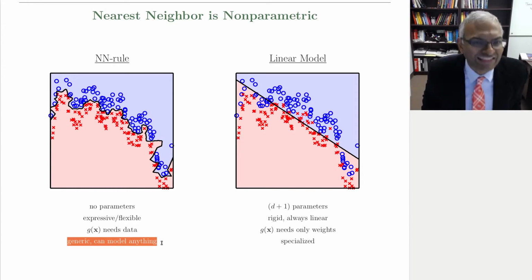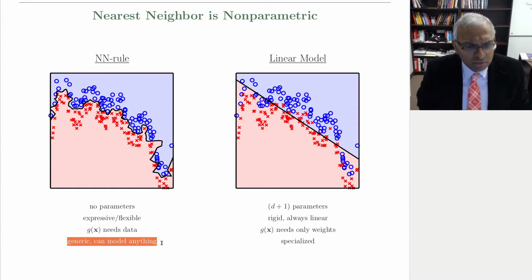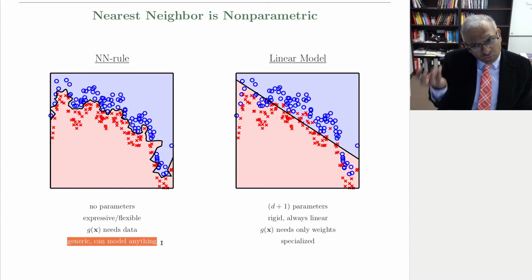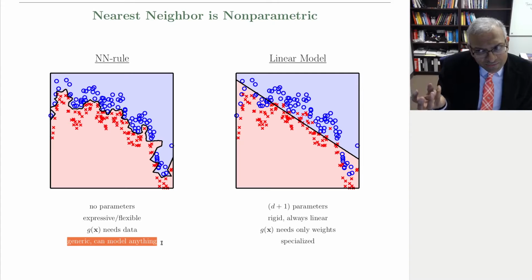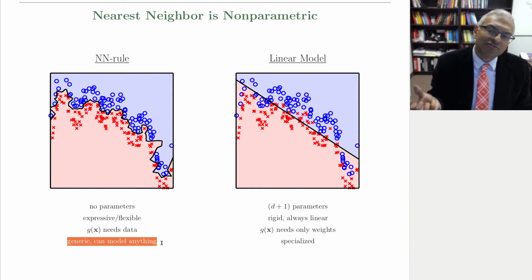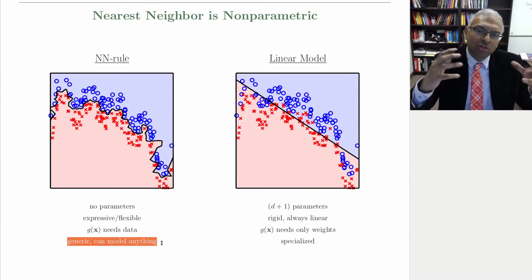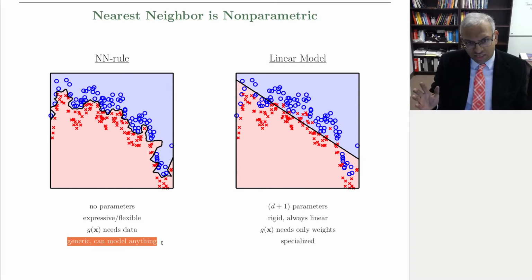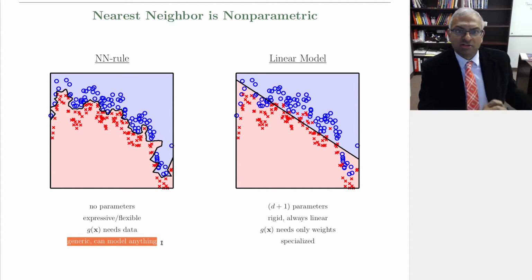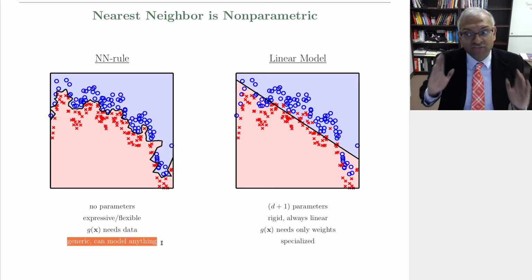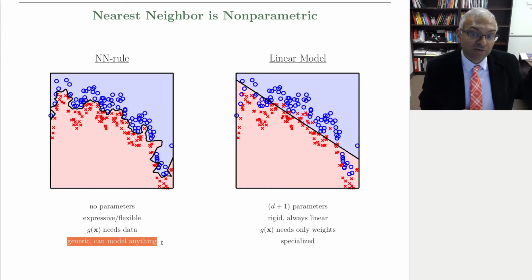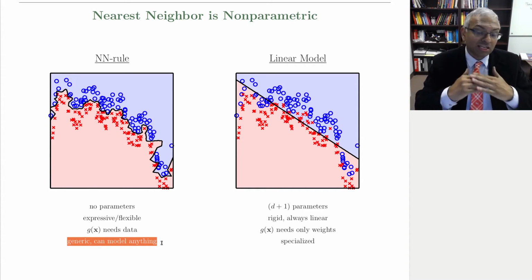It's expressive and flexible, and it's generic in the sense that it's not specialized. It can model anything. So you can throw the nearest neighbor model at a machine learning problem without having to think too much about the features, providing that with respect to whatever features you have constructed, the optimal classifier has a small out-of-sample error. Then as long as you have lots of data, the nearest neighbor will get there. Now, what does a lot of data mean? That depends on the nature of this pi of x, and that lot can increase significantly as you go up in dimension.